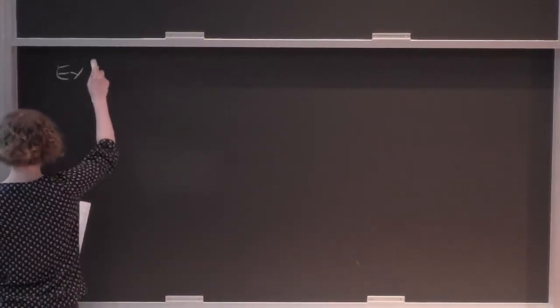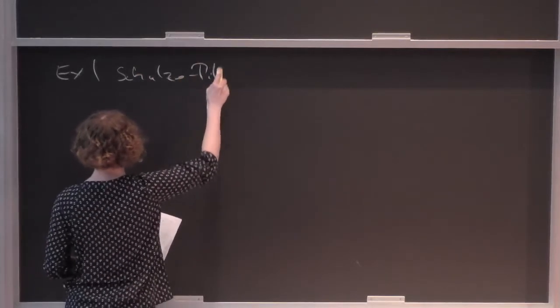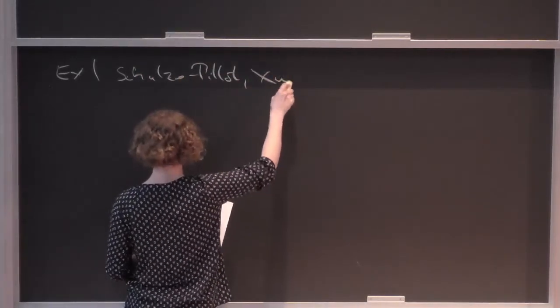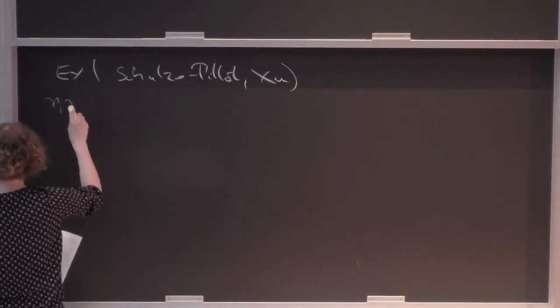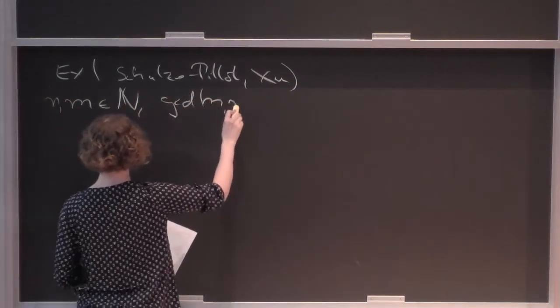Let me give an example which in this form is due to Schulze-Pillot and Xu. Take n and m natural numbers, which I assume to be coprime.